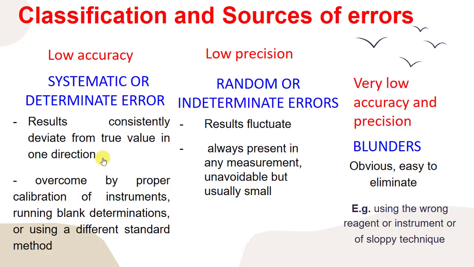So these are some examples of the source of a systematic error, and these errors can be overcome by proper calibration of instruments, which means that you check the accuracy of your instruments, your pipette, your balance, all your instruments and equipment. Another way to evaluate the impurity of chemicals is to run blank determinations.